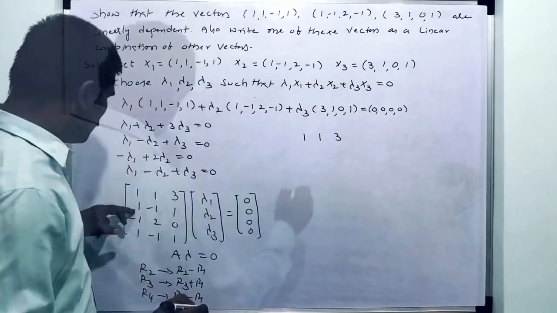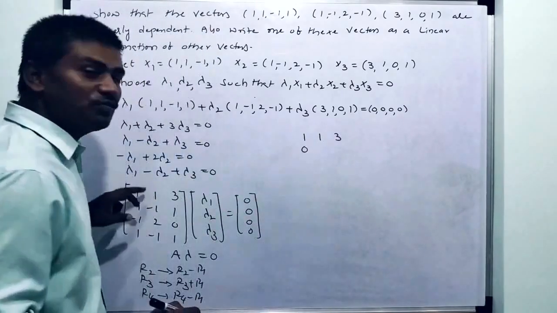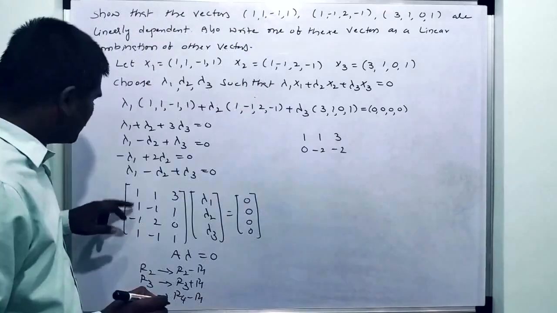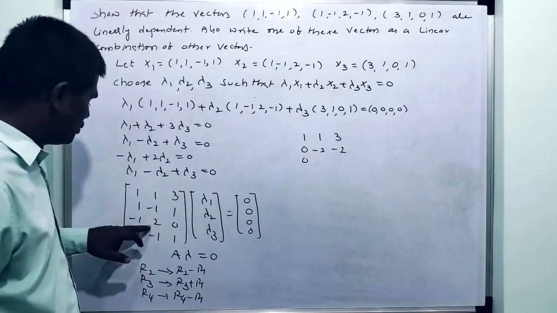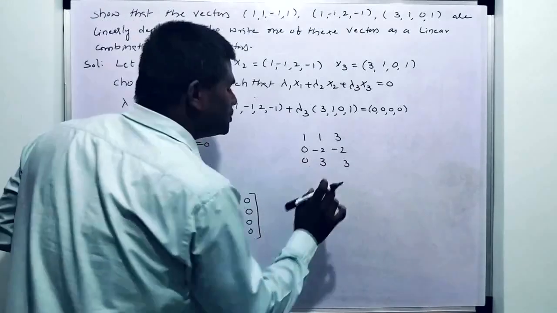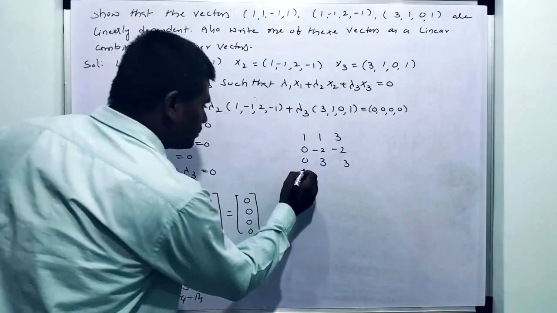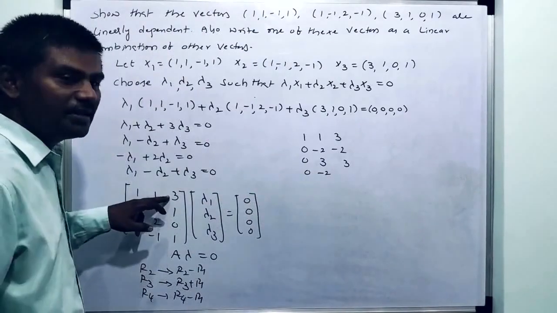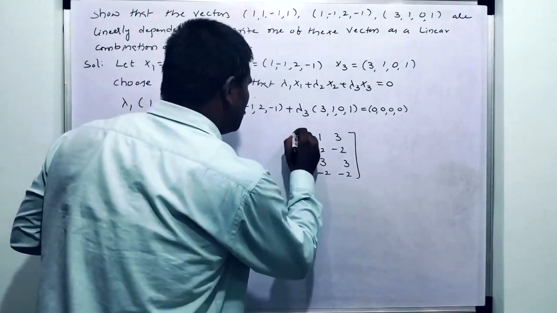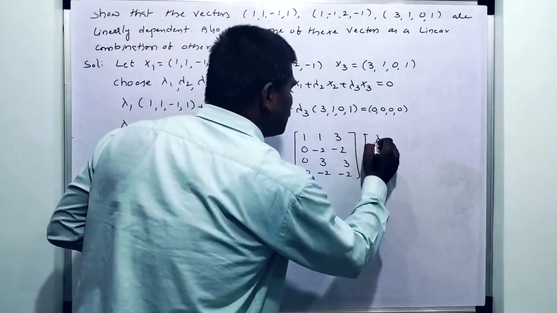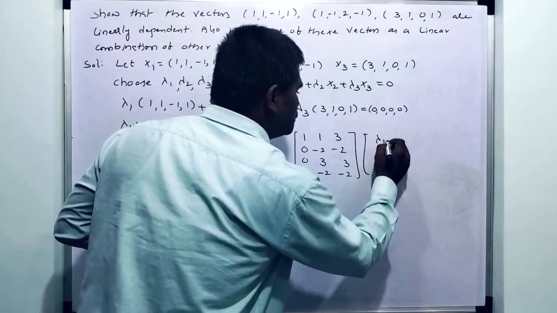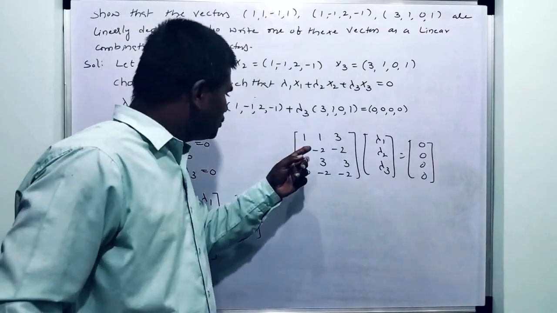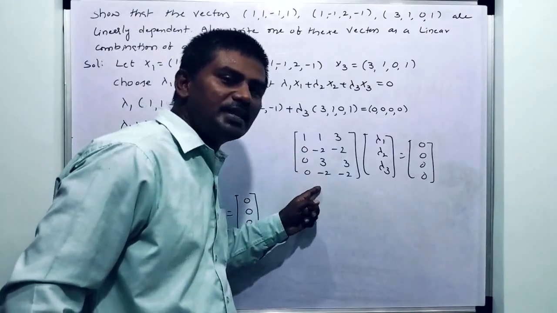So we get (1, 1, 3), (0, −2, −2), (0, 3, 3), (0, −2, −2) into (λ1, λ2, λ3) equal to (0, 0, 0, 0).